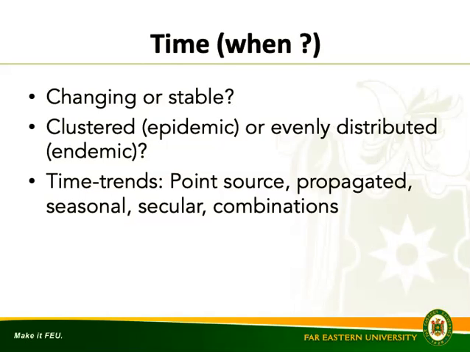And then cyclic variation refers to recurrent fluctuations of disease frequency, which may exhibit cycles lasting for certain periods. And a secular variation refers to changes in disease frequency over a period of many years. Okay, later on when you do your skills laboratory, more examples will be discussed under these different variations.